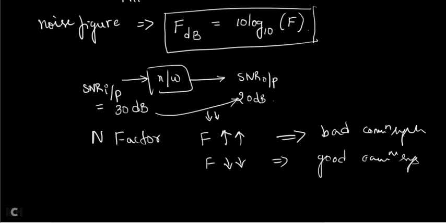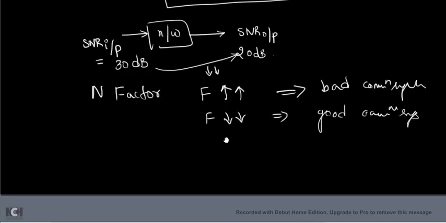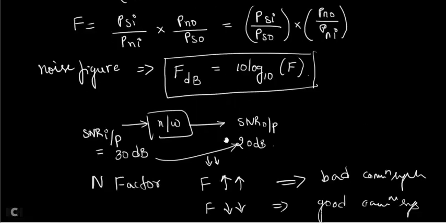So it is just opposite to that of your SNR. SNR, if it is greater, then that means it is good. SNR lesser, that means it is bad. But here noise factor greater means it is bad, and noise factor lesser means it is good. So your SNR and noise factor are opposite to each other. Clear? So this is all about noise factor.